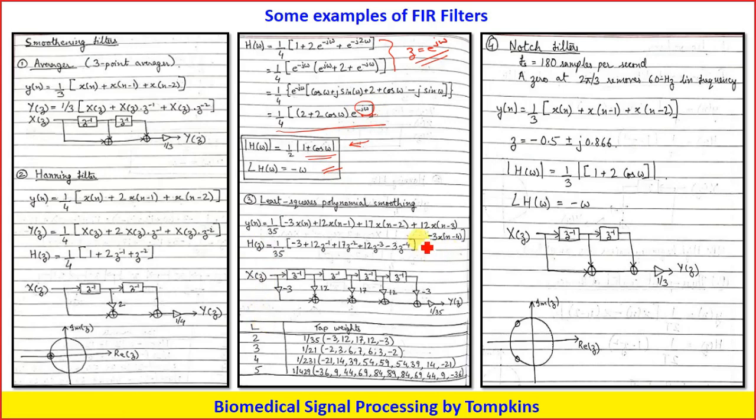Then comes the next type of filter, the least squares polynomial smoothing filter. The equation given over here is the simplistic form of the least squares polynomial smoothing filter.